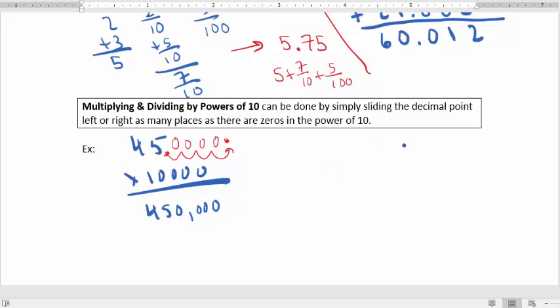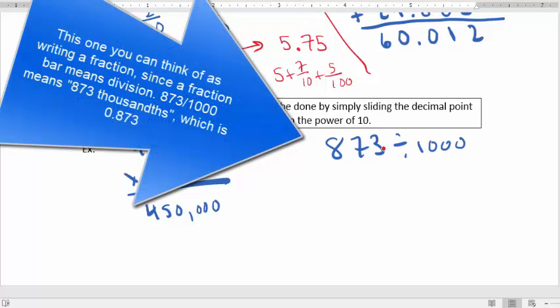And then similarly, when you're dividing, right, if you have 873 divided by 1,000, again, you think of 873 as being 873 with a decimal point after it. So when you're dividing by 1,000, you can think of it as you're just sliding this decimal over 3 to the left.